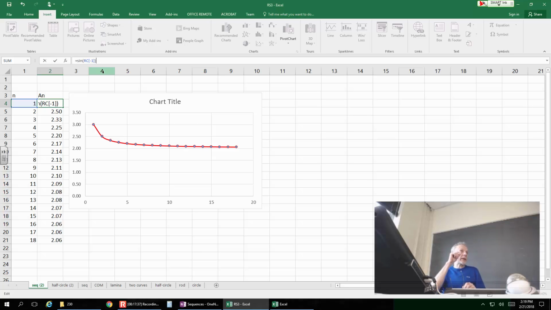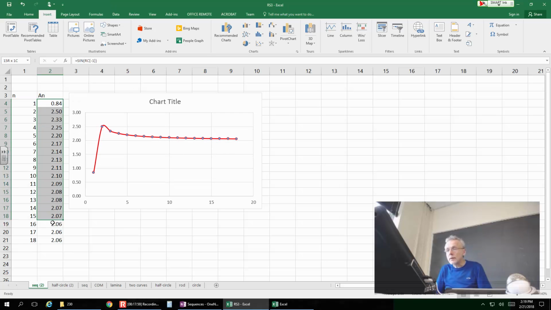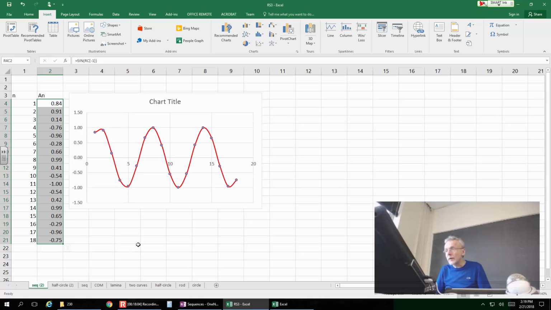Sine evaluated at 1, 2, 3, 4, 5. What kind of pattern do you expect? Well, not something that is foreseeable. Well, it is actually quite foreseeable. So it goes up and down, but still in a fairly predictable manner.